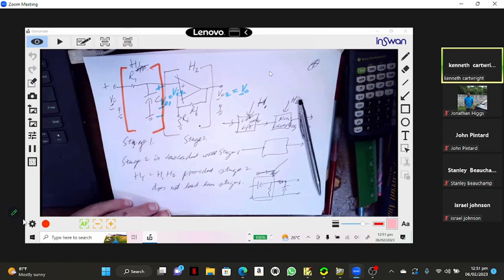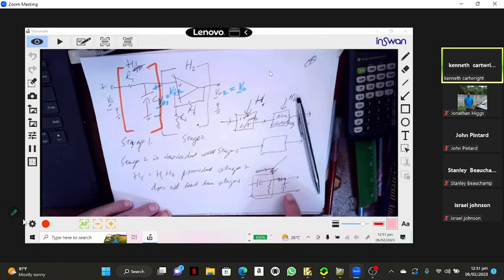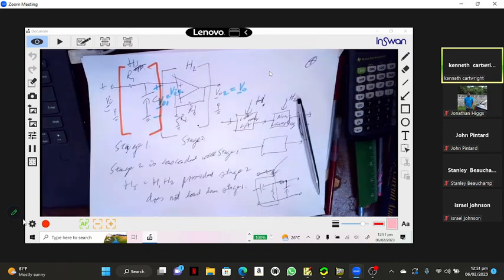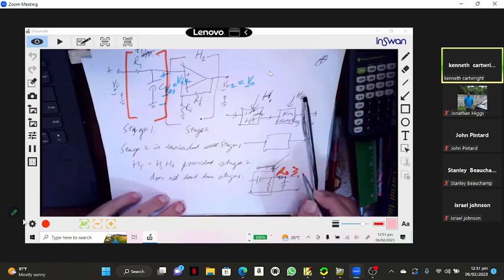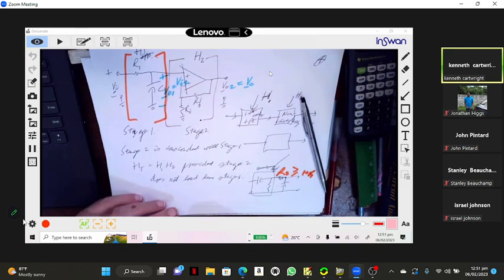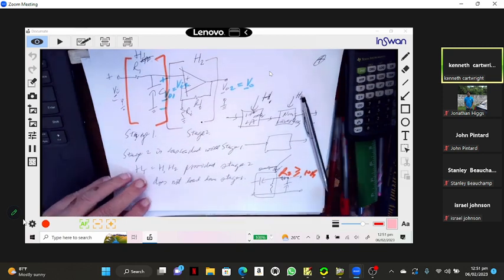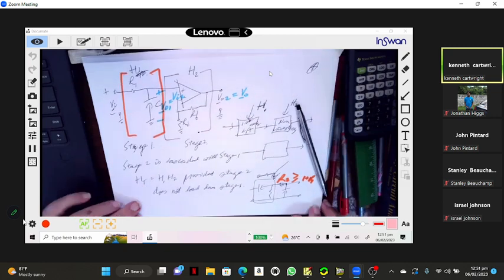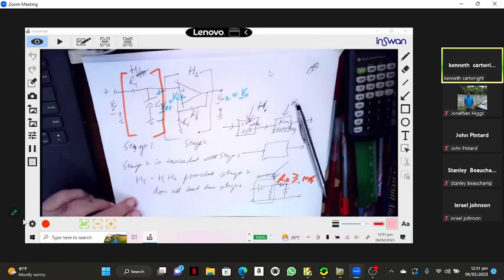How do we know stage 2 did not load down stage 1? This resistor here, R2, is greater than or equal to 10 times R1. We did that. But of course, you don't remember that. Now back here, how do we know stage 2 is not loading down stage 1?